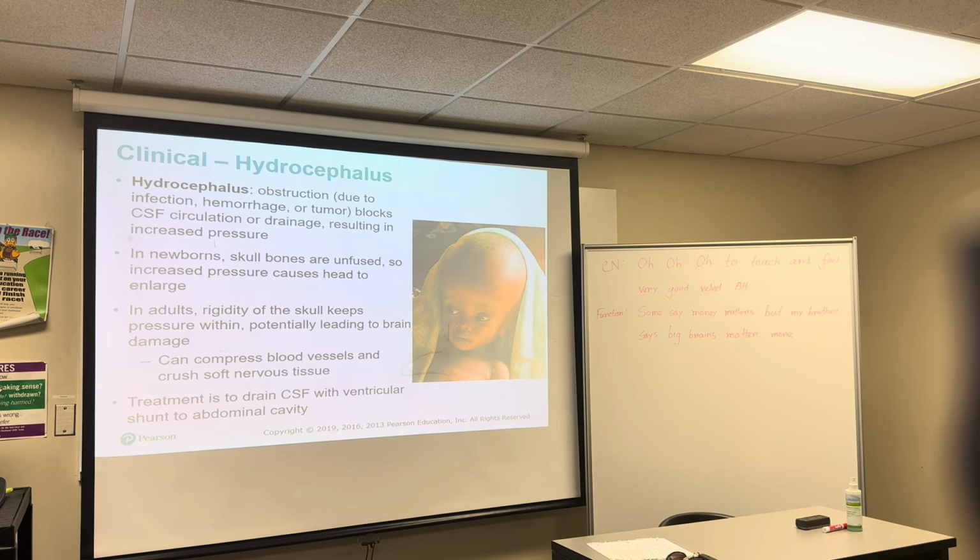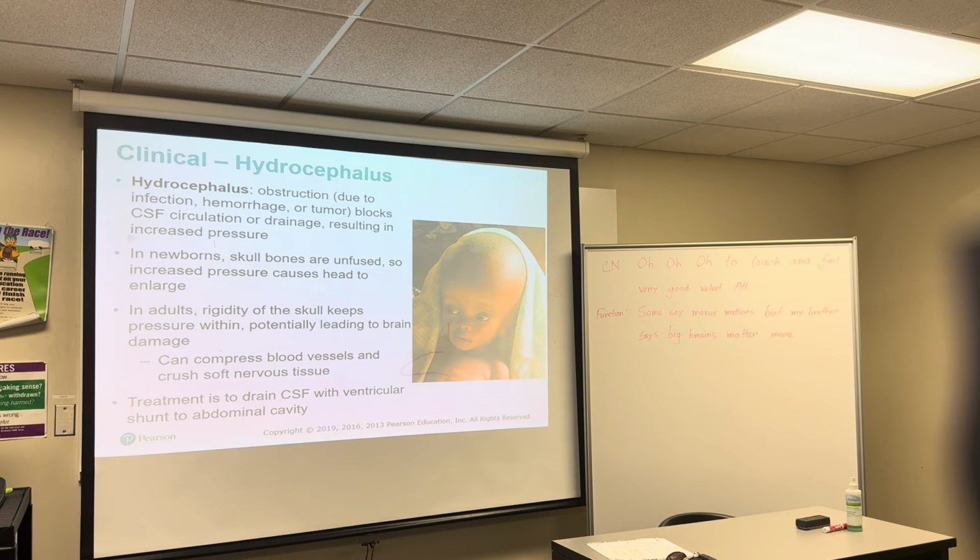What if you cannot do that properly? If you cannot flush out all this toxin, if you cannot flush out all this cerebrospinal fluid, what is going to happen? You will have hydrocephalus. Obstruction due to infection, hemorrhage, or tumor blocks cerebrospinal fluid circulation or drainage, resulting in increased pressure.